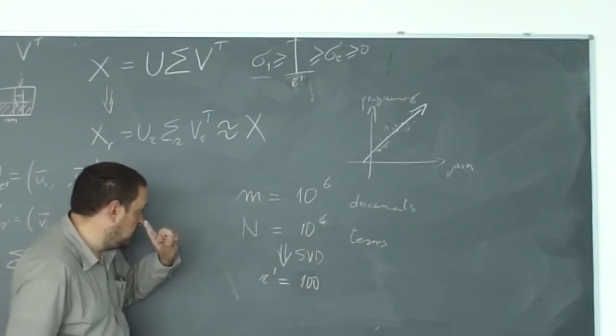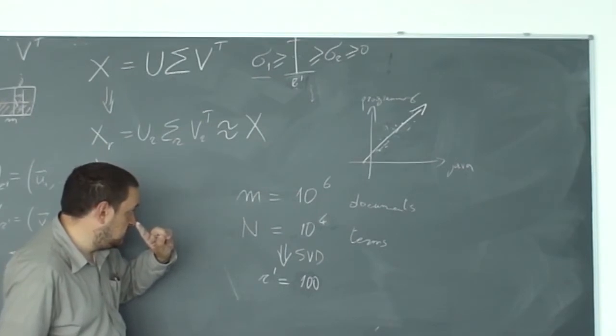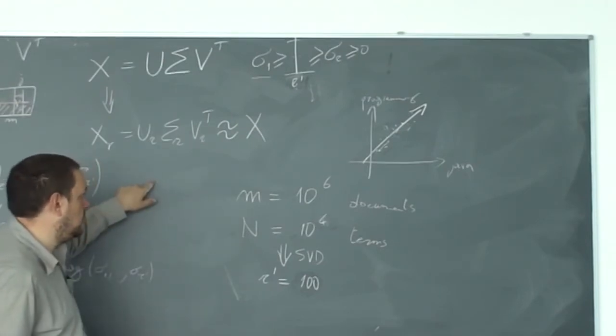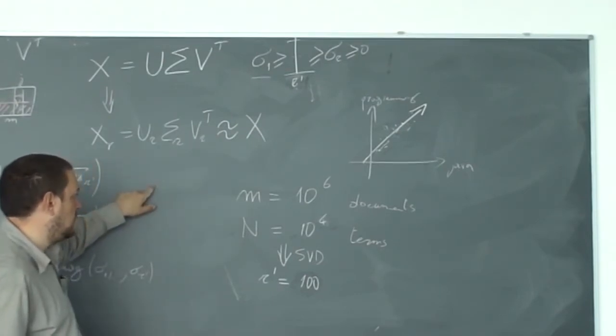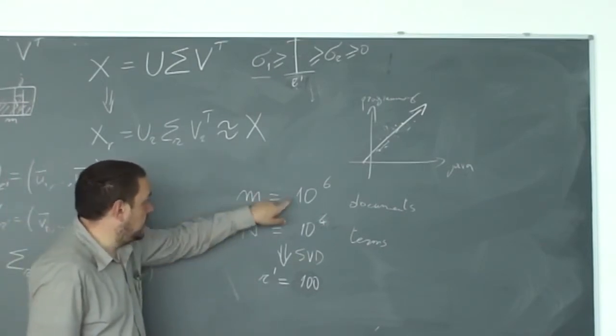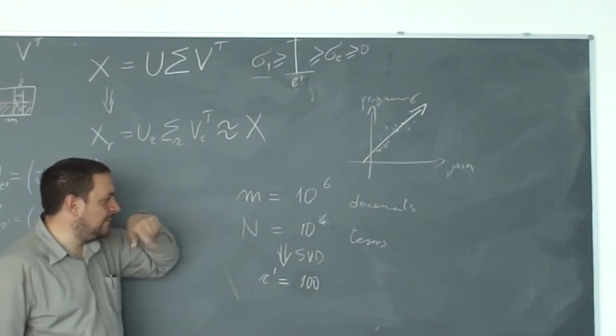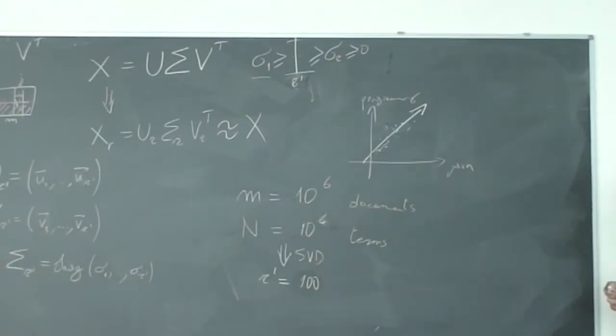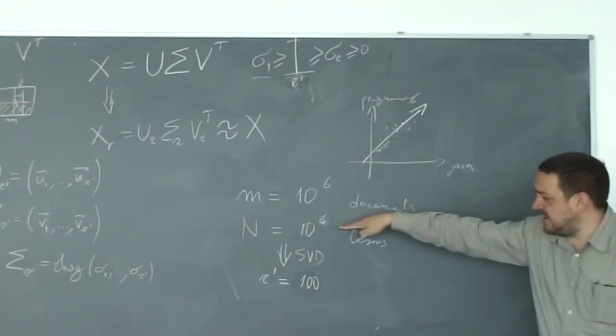No, sorry, it was R prime times the largest of the two. In this case, our query, of course, is large n.